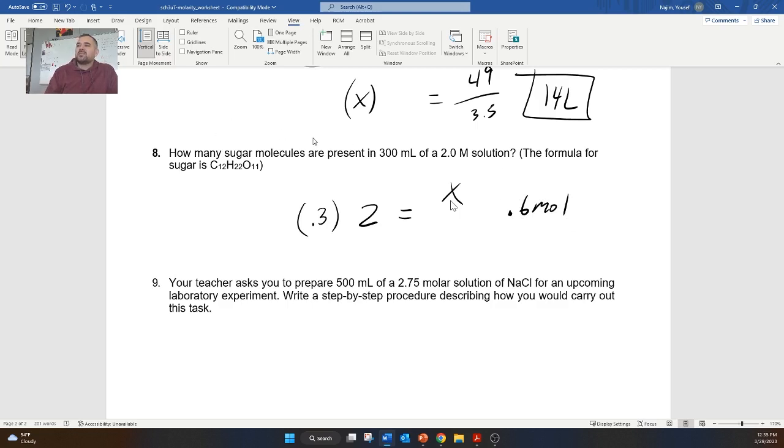Now, the question wants to know molecules. So how do we go from moles to molecules? What do we got to do? Do we need the molar mass? What do we need to do? Avogadro. So in your calculator, make sure to put in parentheses 6.02 times 10 to the power of 23, and then give me an answer.